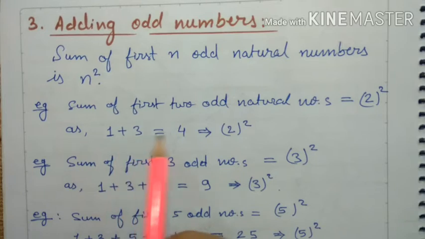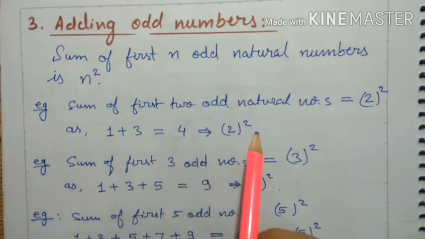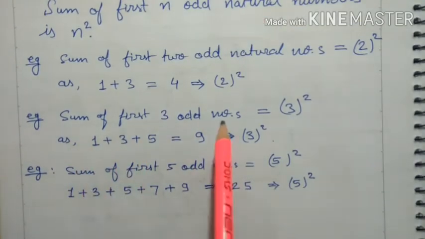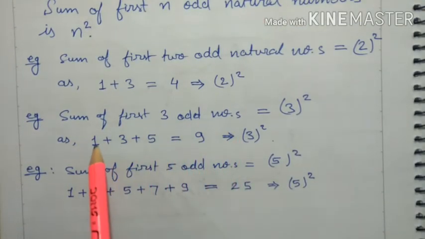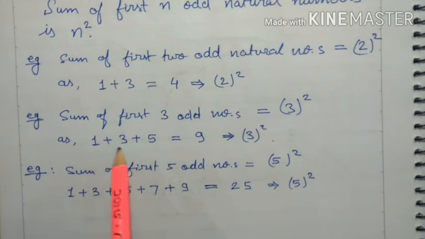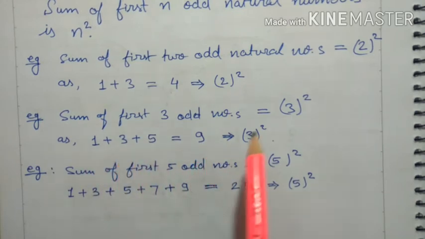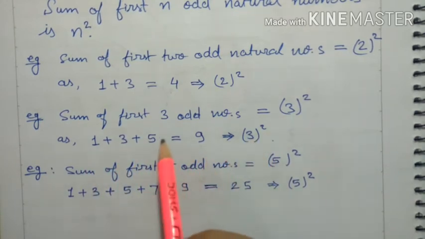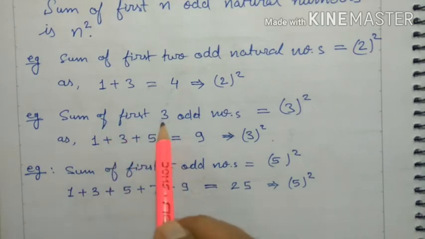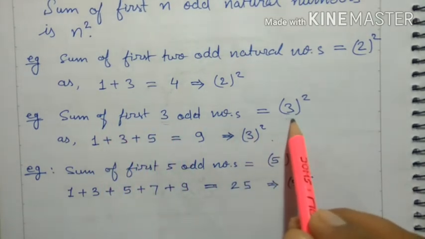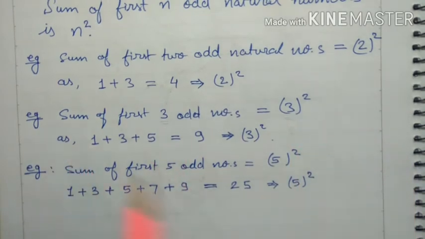So 1 plus 3 is 4, and 4 is the square of 2. Similarly, the first three odd numbers are 1, 3 and 5, and 1 plus 3 plus 5 is 9. 9 is the square of 3, so the sum of the first three odd numbers is 3 square.